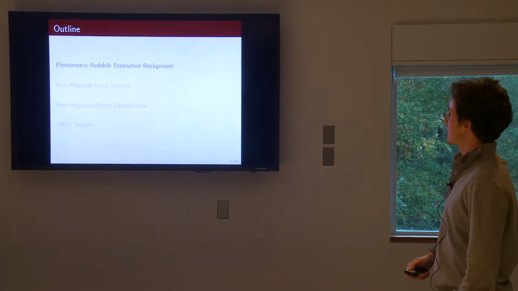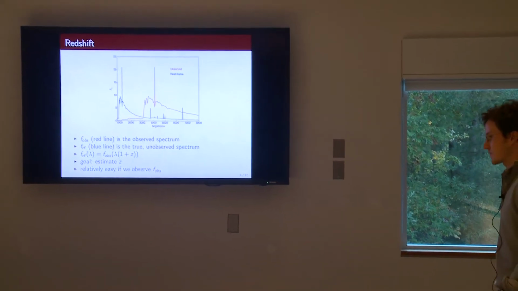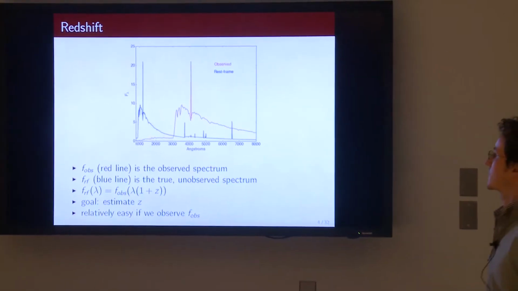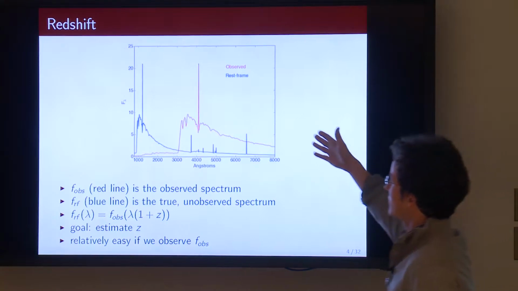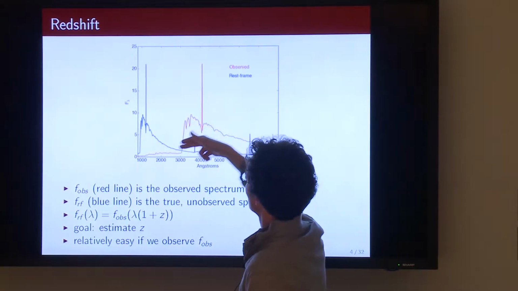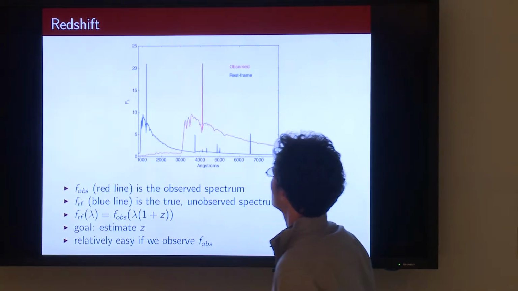So first, a little bit of background on photometric redshift estimation. I think we briefly talked about this in two lectures earlier, but just so that we're all on the same page. On this plot is a spectra for an object, and the red line is the spectra that you might observe with an instrument.